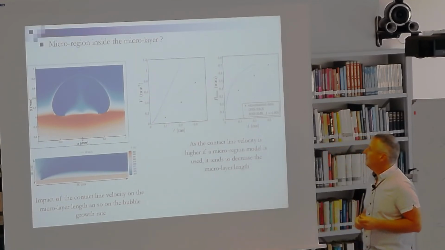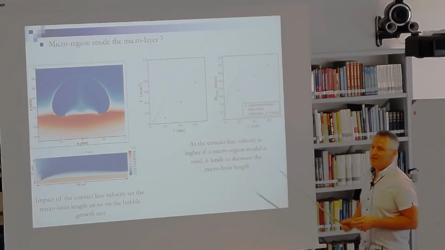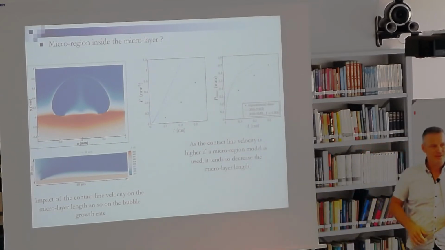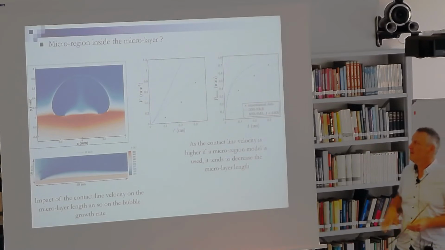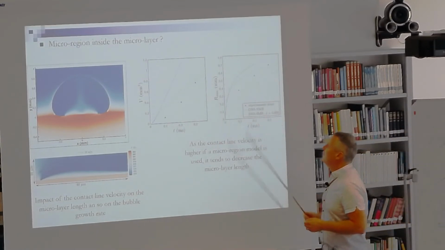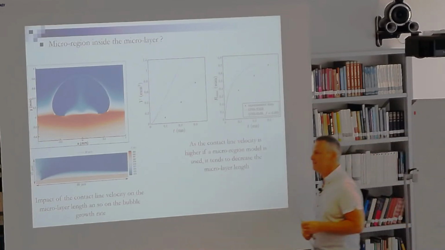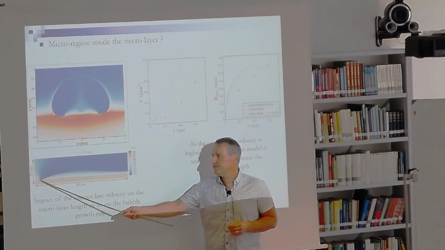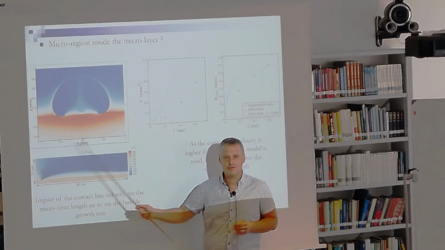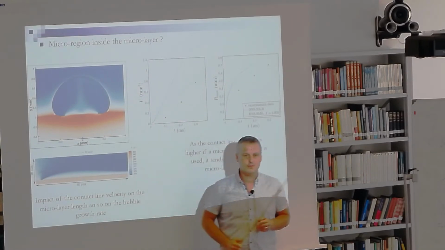Okay. Finally, if we compare the two experiments, I would say not too bad, but not perfect. We still have some discrepancy with the experiment, and currently we think that we have to add more models on the contact line velocity, since we do not account for the local contact line velocity in our microregion models.